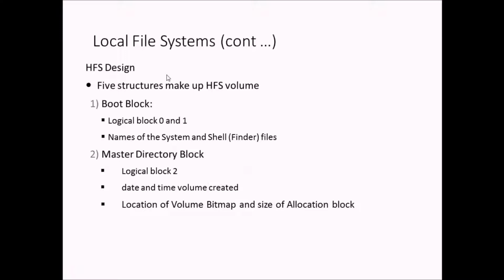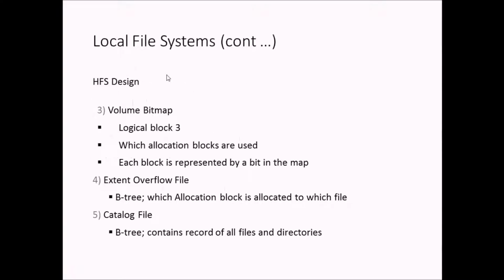Five structures make up an HFS volume. The first structure is the boot block, which is just block 0 and block 1, only two blocks used, and the names of the system and shell files. The second structure is the master directory block, which is logical block 2: the date and time the volume was created, the location of the volume bitmap, and the size of the allocation block.